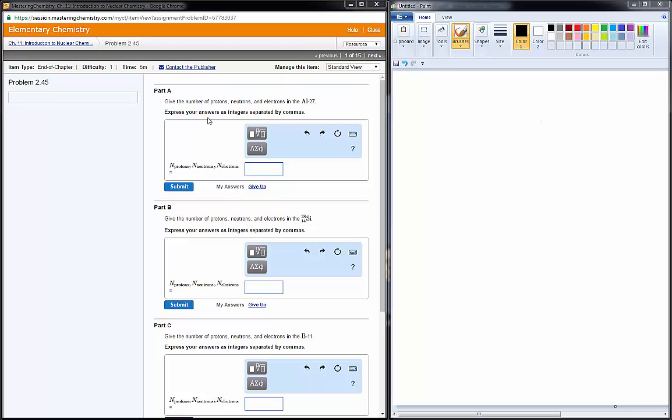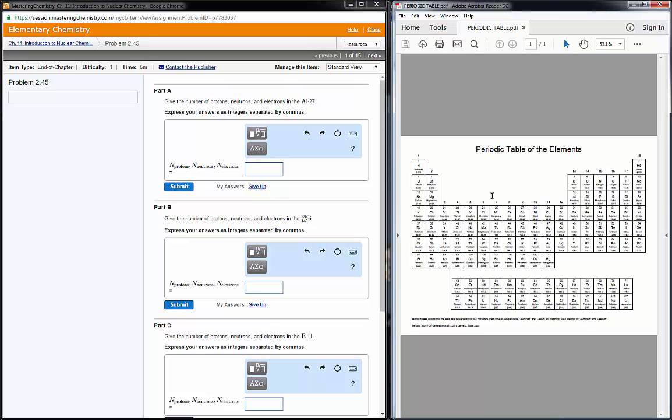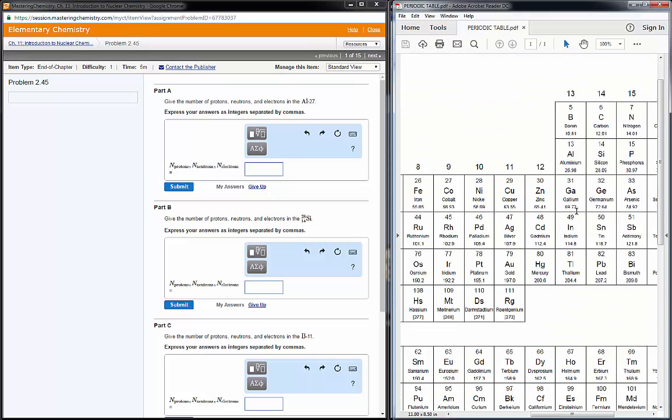So for this first problem, for instance, we've got Al-27 and they want protons, neutrons, and electrons. That little 27 means we're looking at the specific isotope of aluminum that has a mass of 27. So here we go. If we look at our periodic table, we're going to zoom in on aluminum.